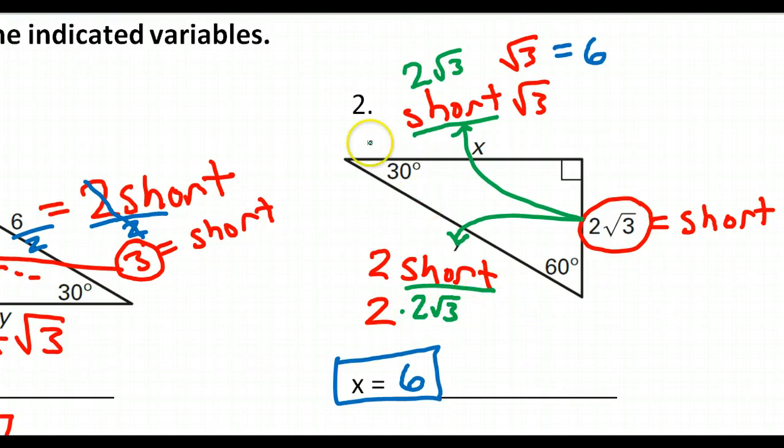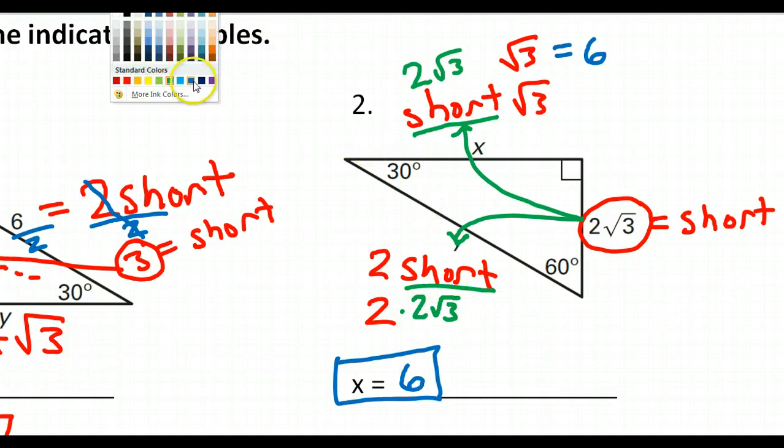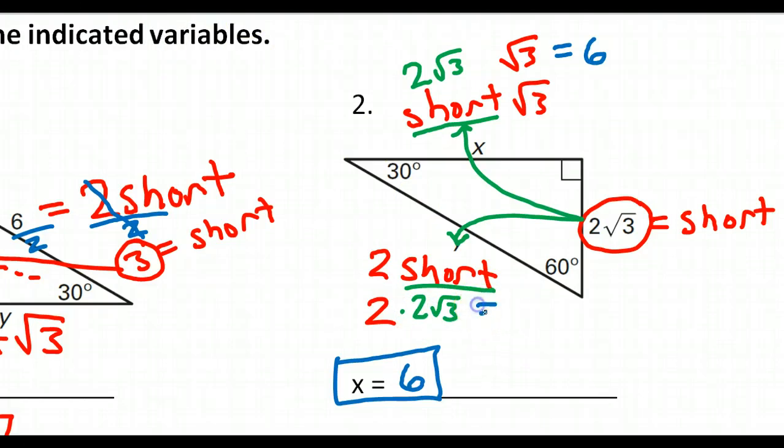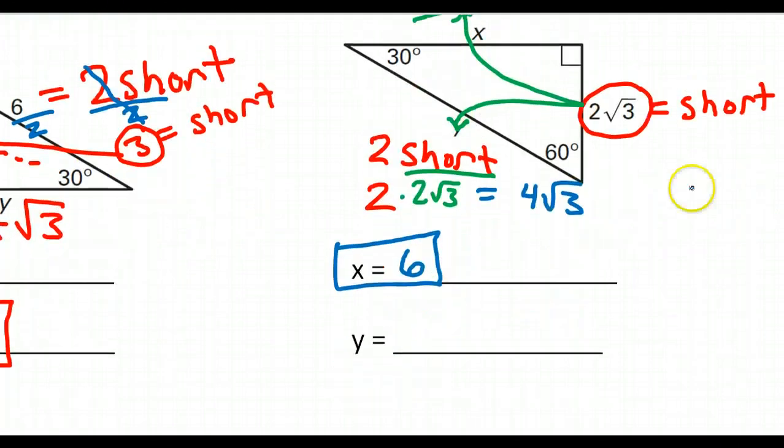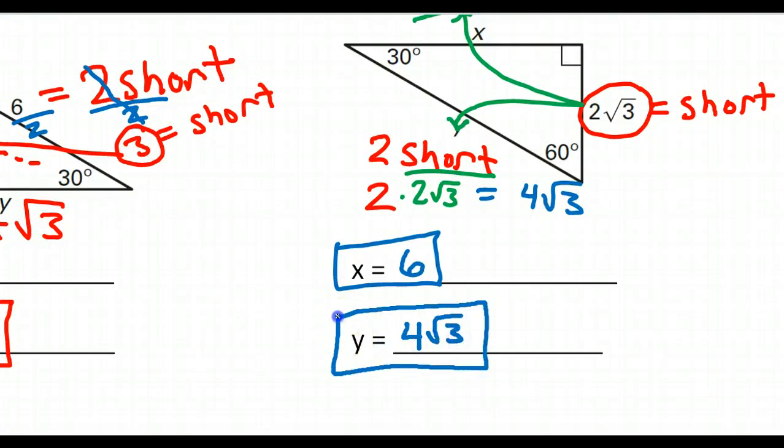And that's 4 radical 3. So that is y. Okay, so y is 4 radical 3.